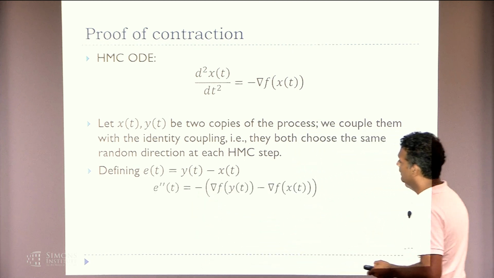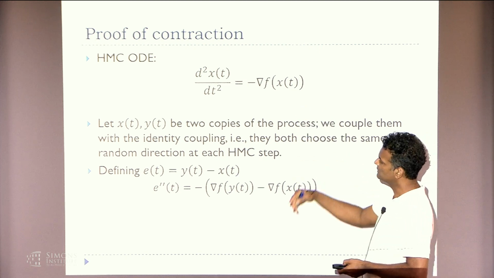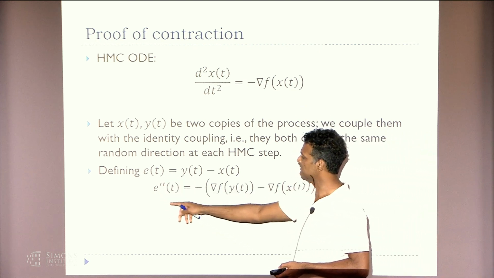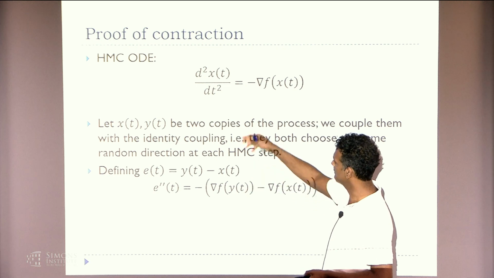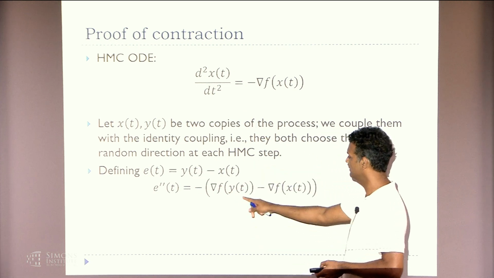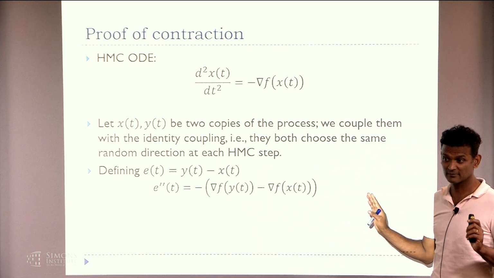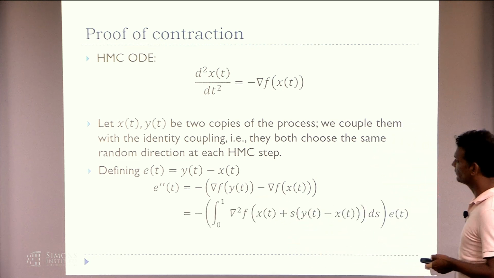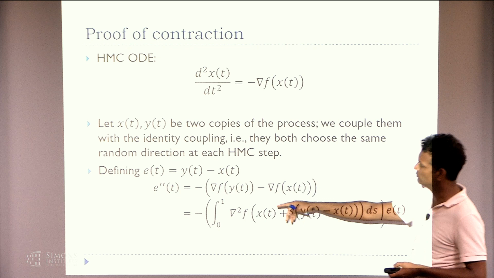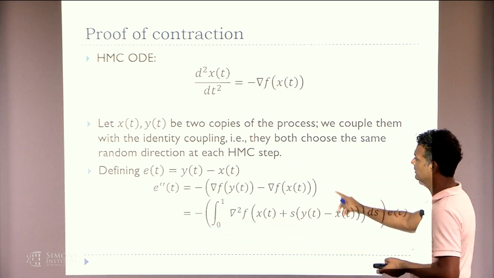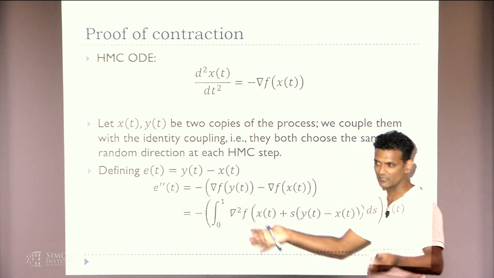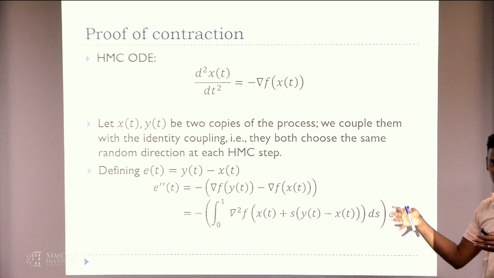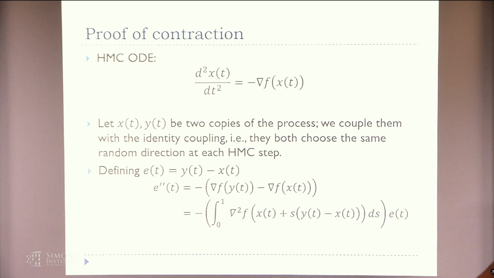Okay. So by the definition of the process, the second derivative of this is the difference of these derivatives, which is just the difference in the gradients, at every time t. So we want to know how this differential equation evolves, to show that its solution decreases in norm over time.